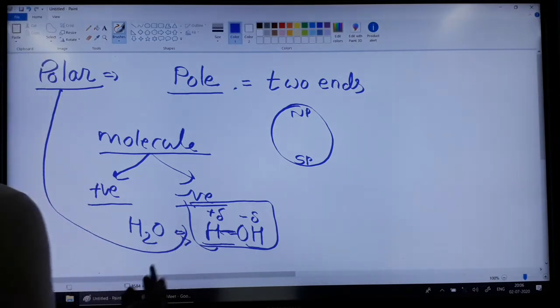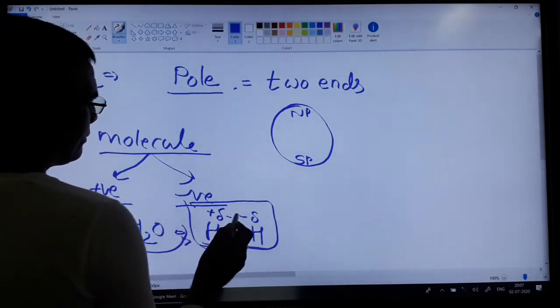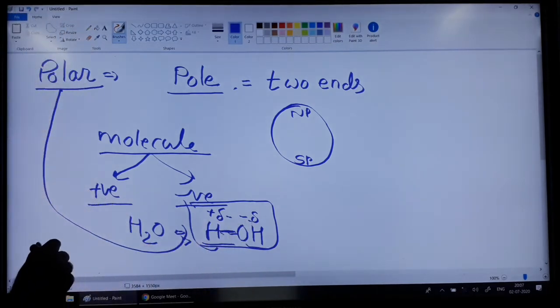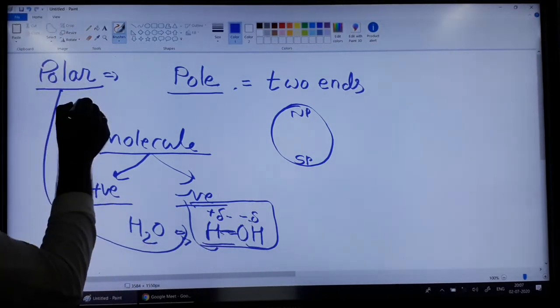Now sometimes you may not get the partial positive charge or partial negative charge correctly. Then what is the method in that condition?